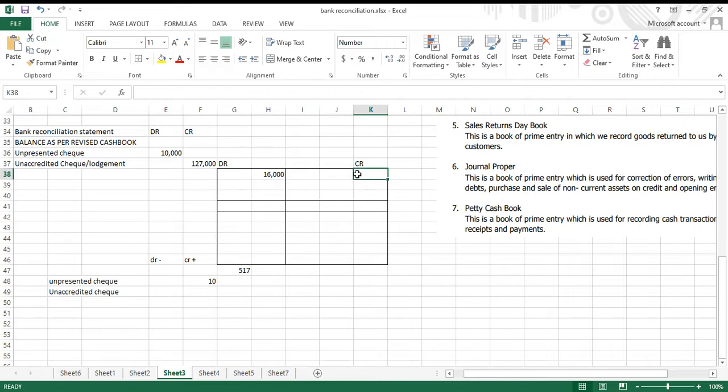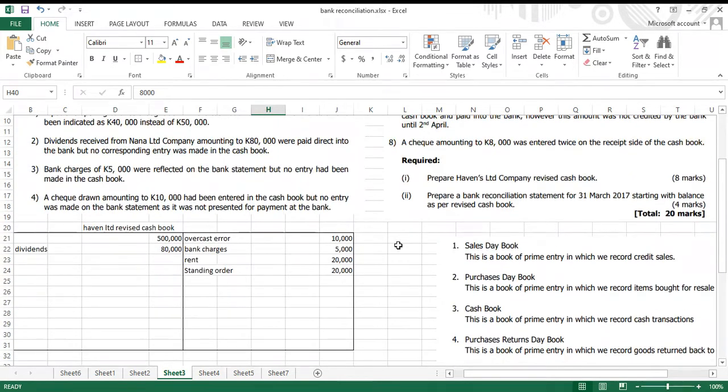So we'll credit our cash book 8,000. So 16,000 minus 8,000, we get 8,000 on our debit side. So this 8,000 makes sure that this 16,000 is brought back to its original value of 8,000. So we credit check error 8,000.